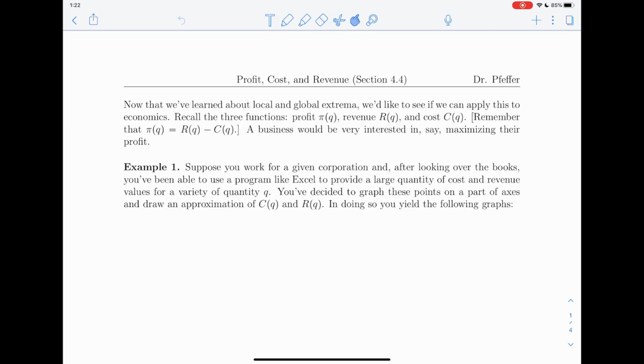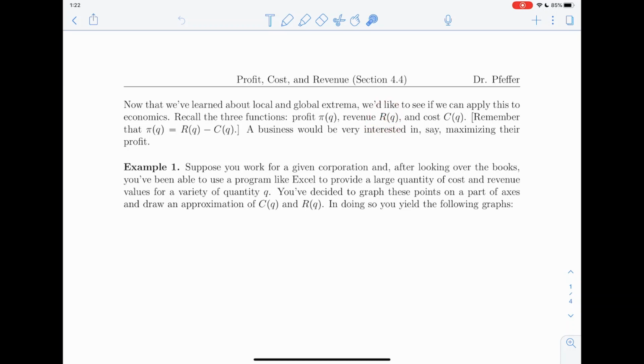So to begin with, we need to recall what profit, cost, and revenue are and how they're related to one another. The way that we've discussed them so far, revenue is how much you make after producing, say, Q units. So Q is going to be our independent variable.